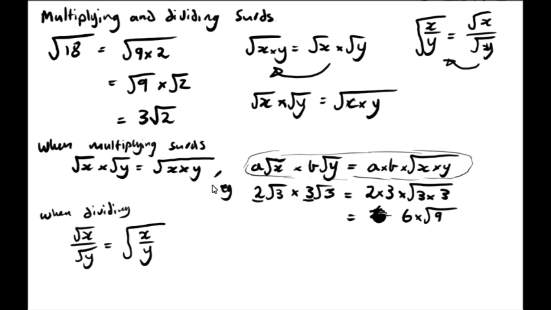And just like multiplying, if we had a number in front of the first surd and a number in front of the second, we can say it's that number a over b outside of the square root, and then you've got the x and y.